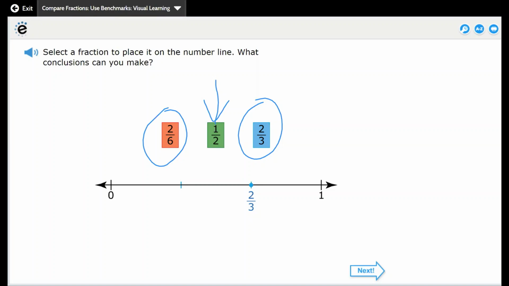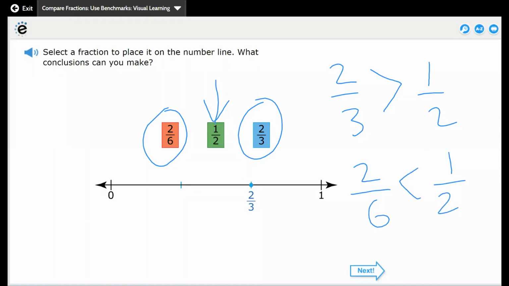As we see, 2/3 is more than half, and 2/6 is less than half. So because 2/3 is more than half and 2/6 is less than half, I can conclude that 2/3 is greater than 2/6.